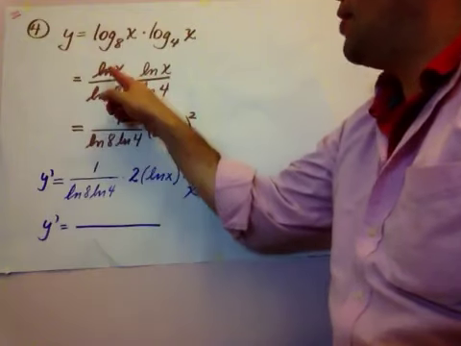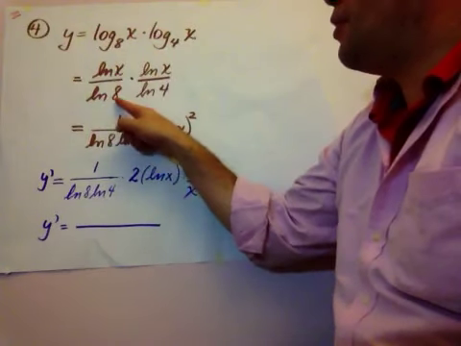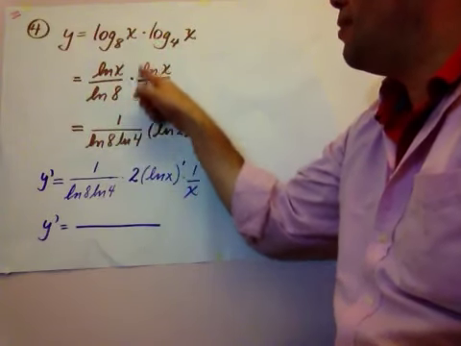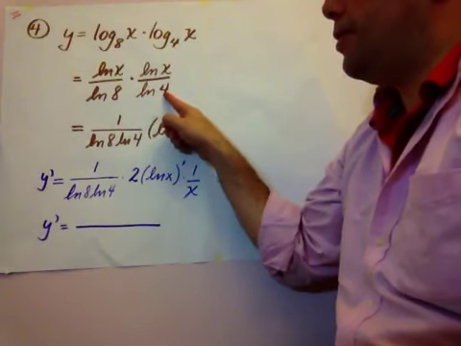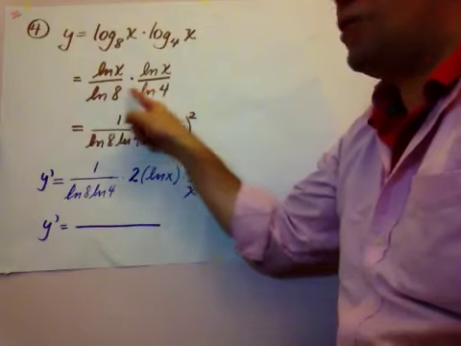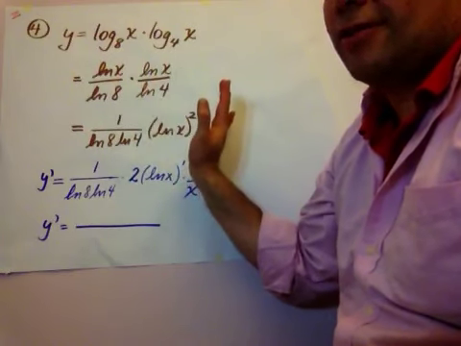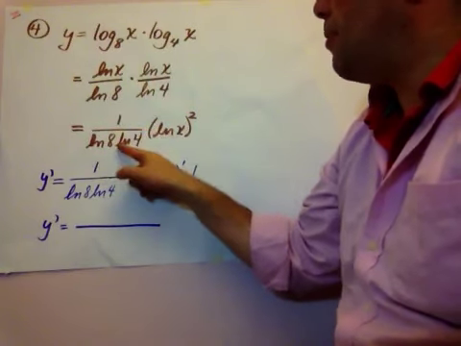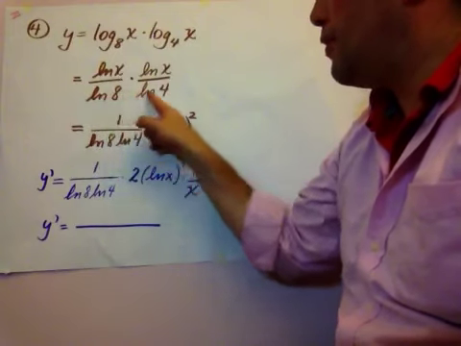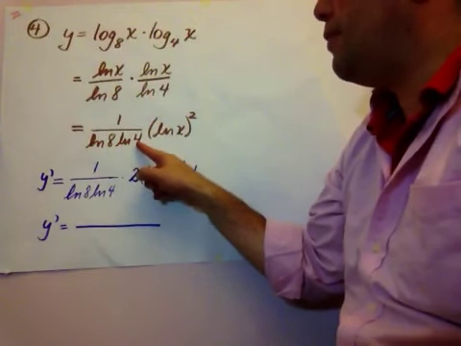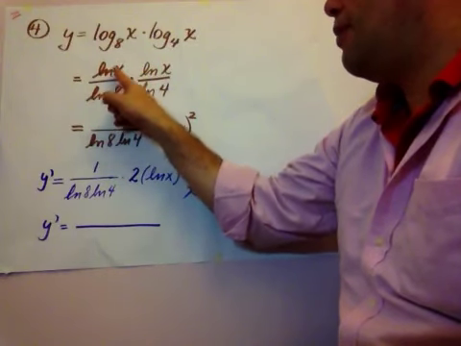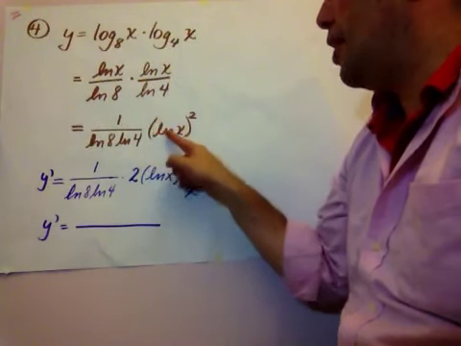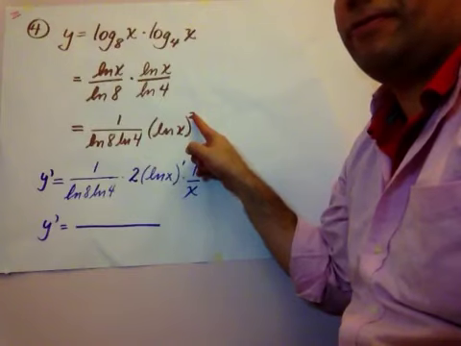That is natural logarithm of x over natural logarithm of 8 times natural logarithm of x over natural logarithm of 4. Notice these two denominators are constants. So I can group them: 1 over these two, ln of 8, ln of 4. And here we have ln of x times ln of x, which is ln of x squared.